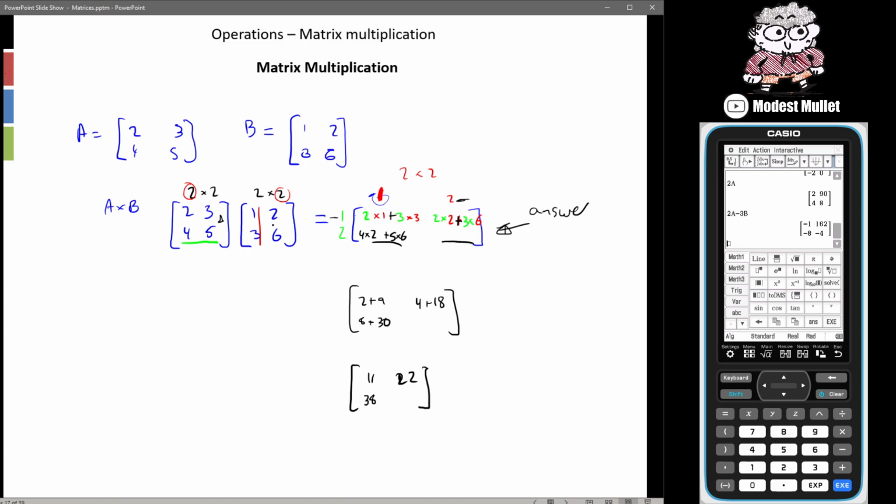And then finally, bottom right, I'm going to be using row 2 and then column 2. So that becomes 4 by 2 plus 5 by 6.